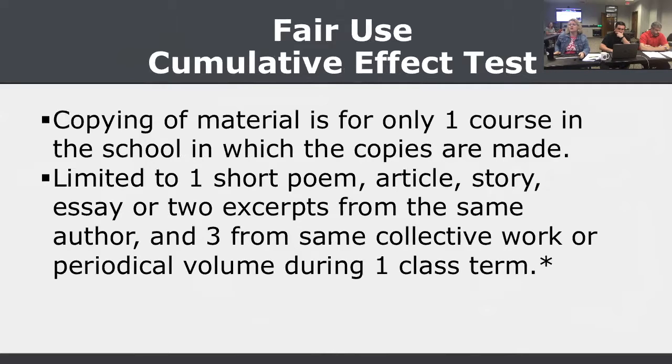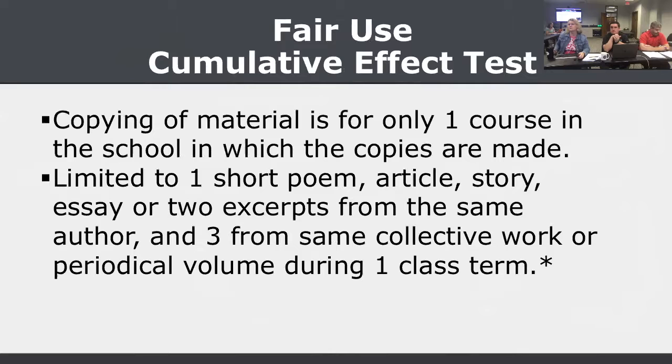And then the courts, or the circular, also looks at what's the cumulative effect, right? If you're copying it for just one course, that probably does not have a cumulative effect. If it's limited to one short poem, article, or story for one class term, or 3 items from the same collective work for one class term, then that's not going to have the cumulative effect.